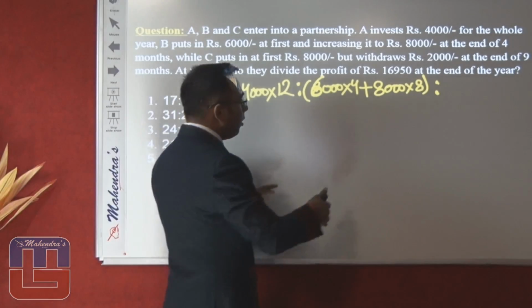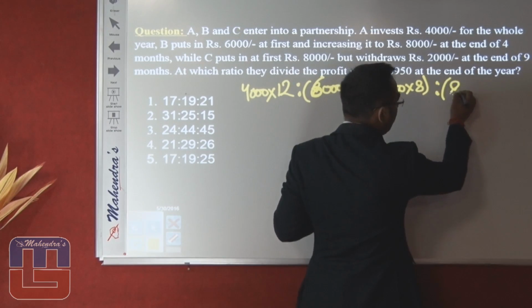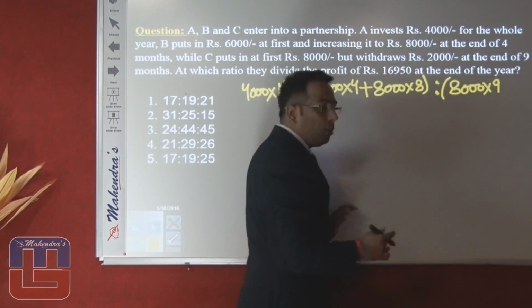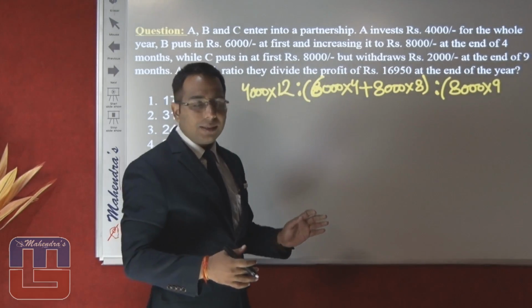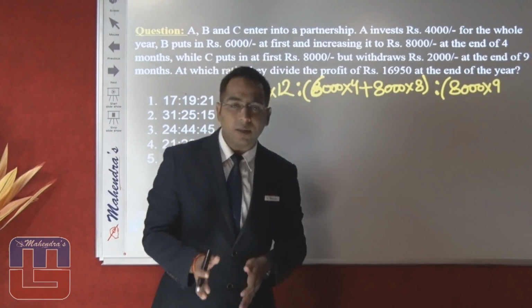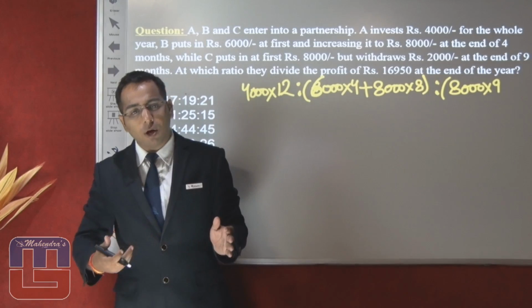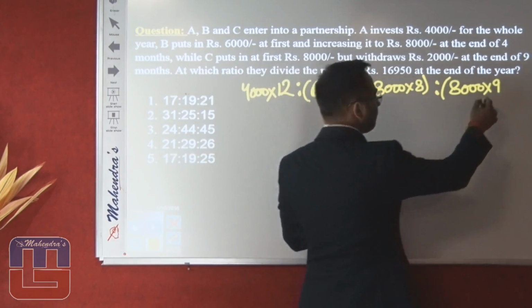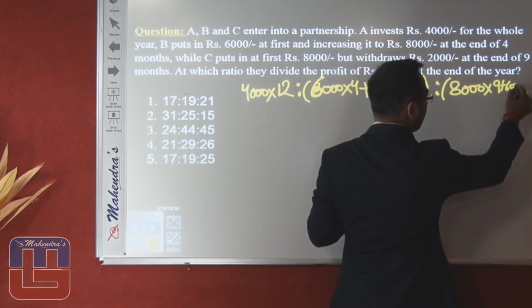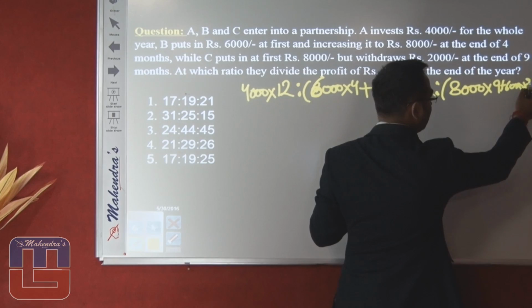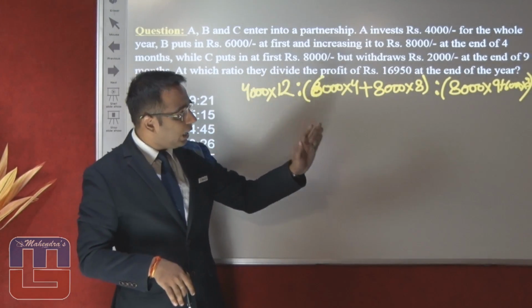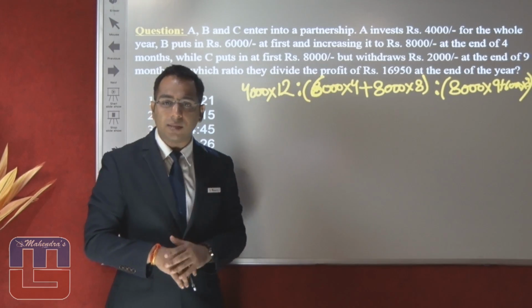So 8,000 is put by C for 9 months. Then he withdraws 2,000. He had 8,000 rupees in his account, withdraws 2,000, and is now left with 6,000 rupees for the next 3 months.